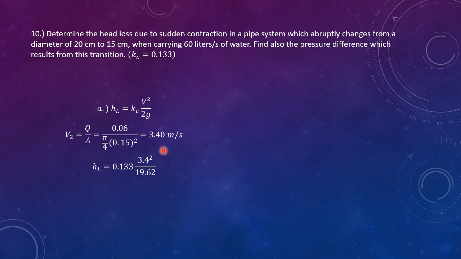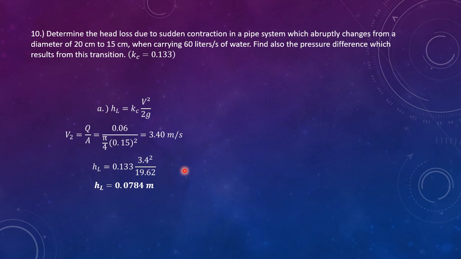Now we can solve for HL by substituting the values. Kc is 0.133, V is V2, which is 3.4 meters per second, and 2g is 19.62. Therefore, HL is equal to 0.0784 meter. We solved for V2.